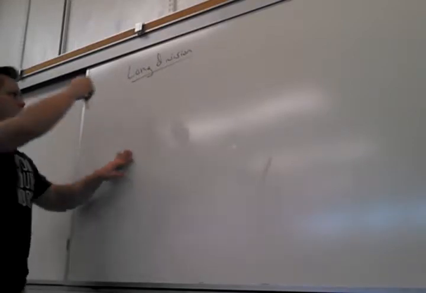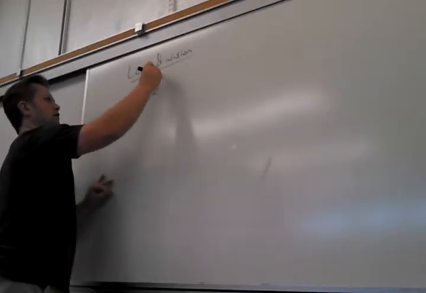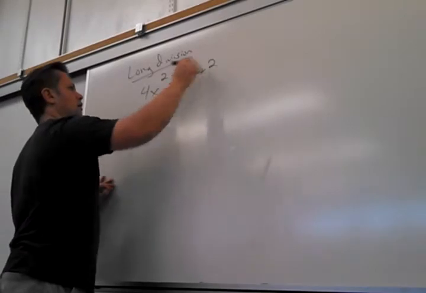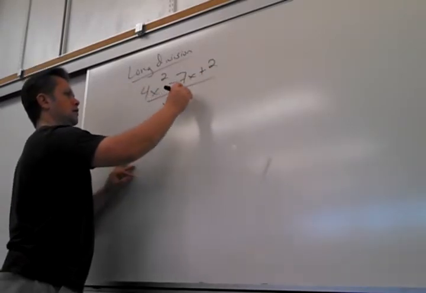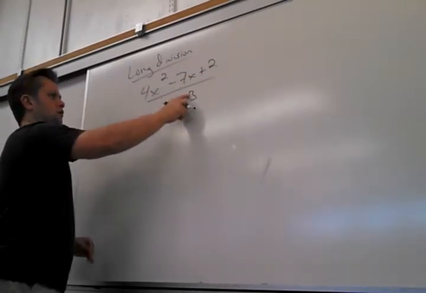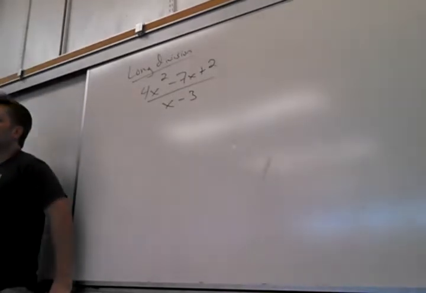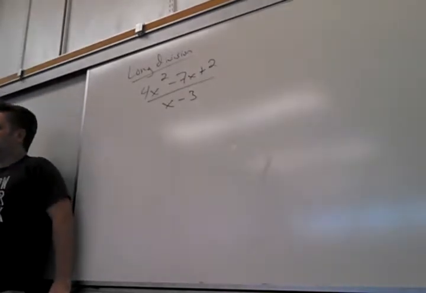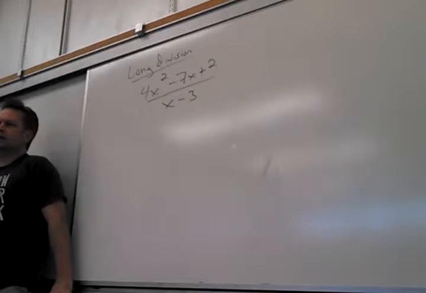So who remembers how to do this? So, for example, if I had this one. Of course, what would you try to do first here if I just said simplify this? Try to factor the top. Is the top factorable? No. Too bad for you.